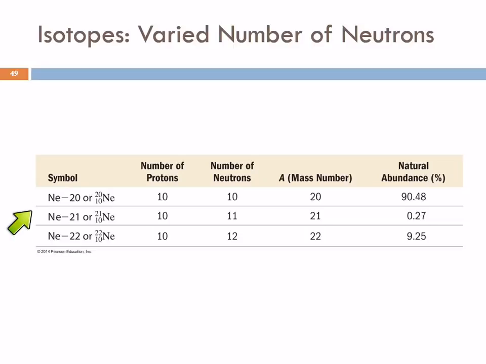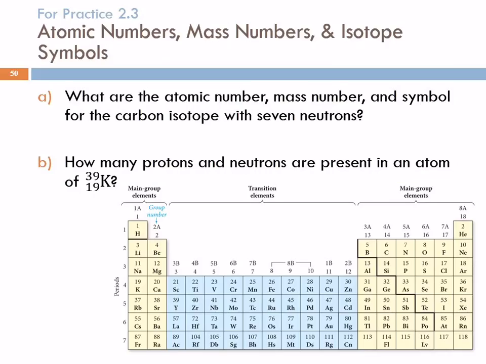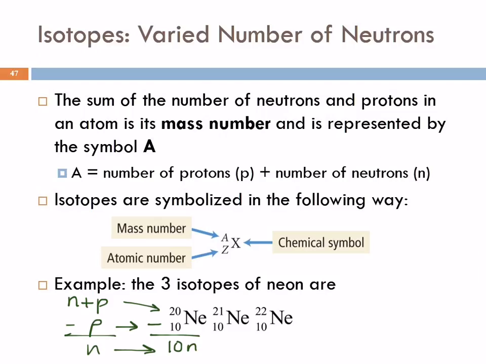These are 3 isotopes of the element neon. Yes? When we are dealing with elements, in most cases, and definitely when we work in lab, we are not dealing with a specific isotope of an element.